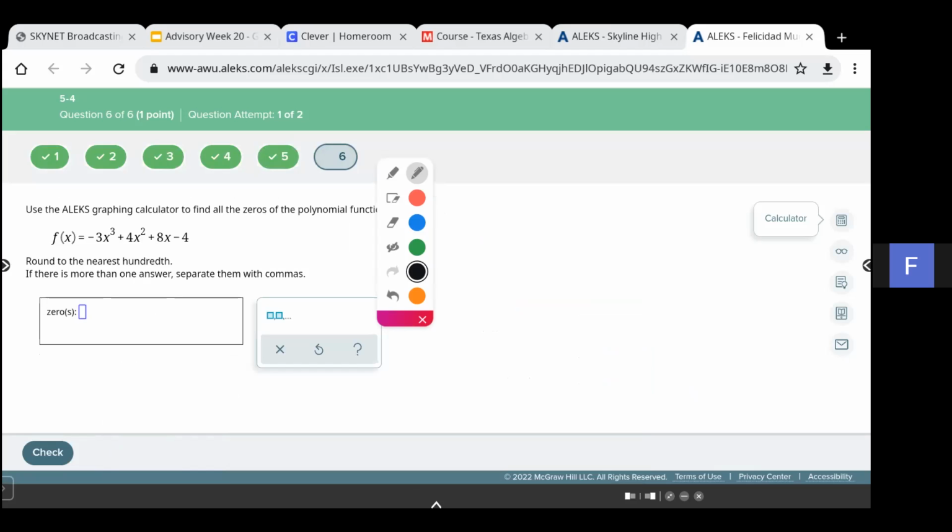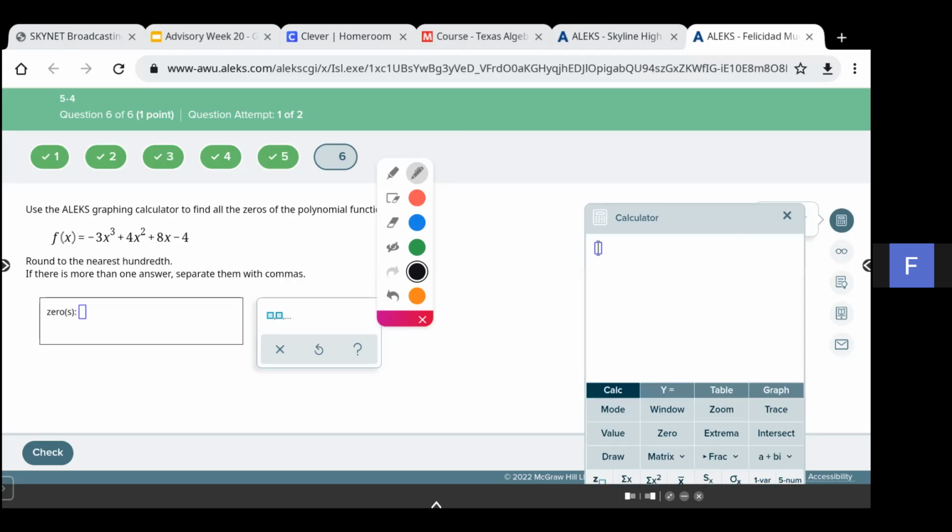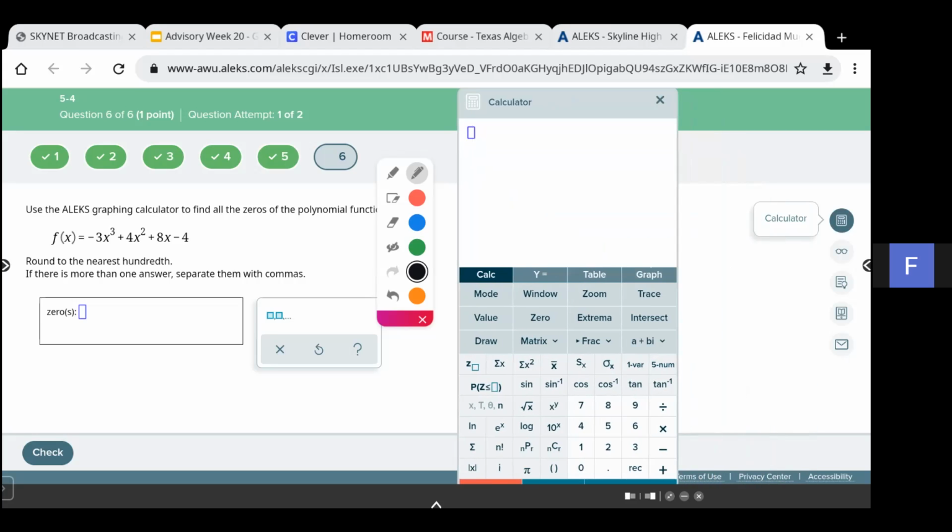All right, we're going to do zeros. This is very similar to, I believe, question 2 or 3. We just want to know where it crosses. So again, we're just going to go ahead and use the calculator for this. I don't know why on this one it does this.